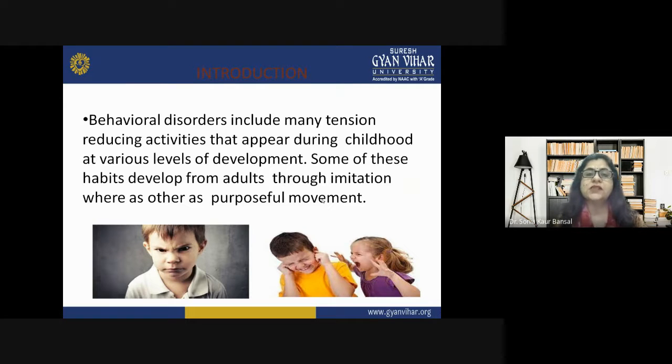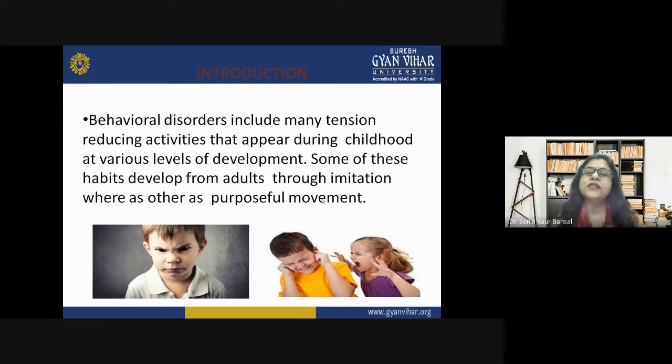When someone says disorders, we get the imagination of being unorganized and not in a very happy state. It includes many tensions, reducing the normal activities of children, what they do during their classroom activities or homely activities or whatever work they do in their childhood at various levels of development.